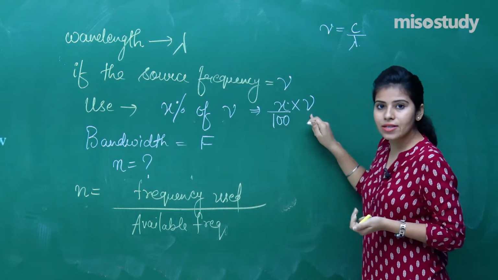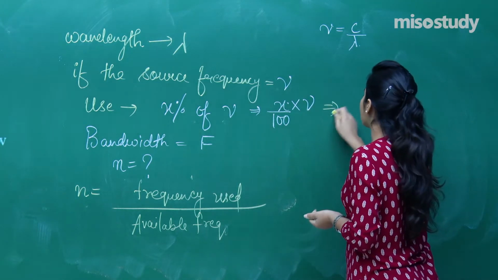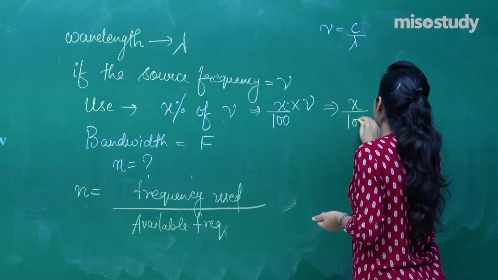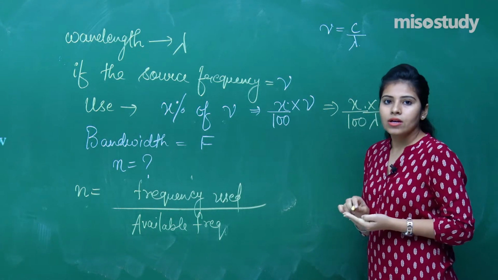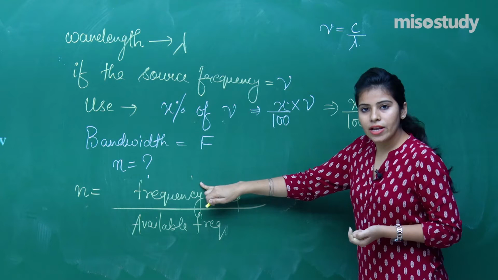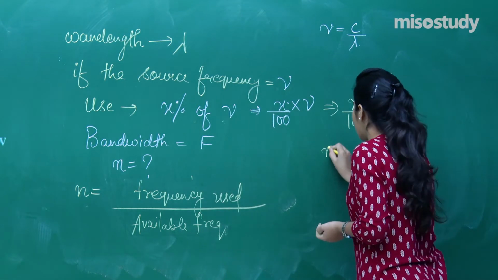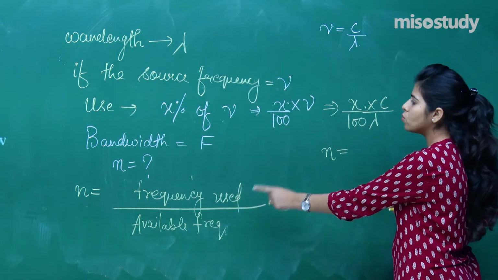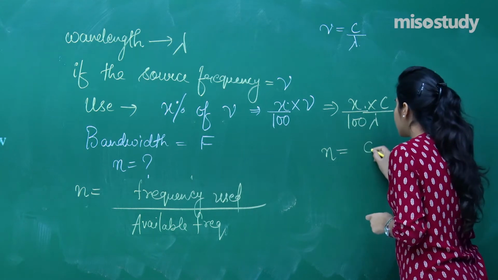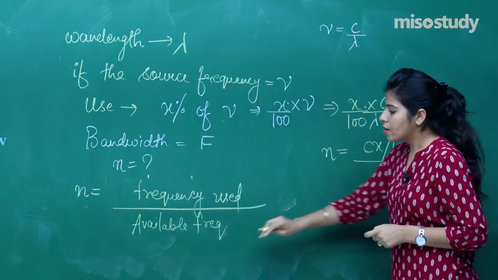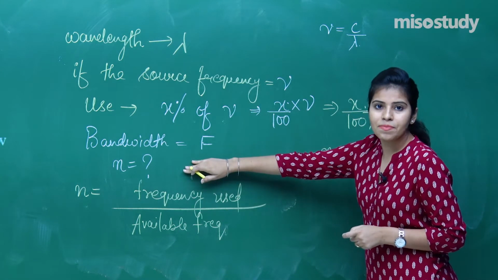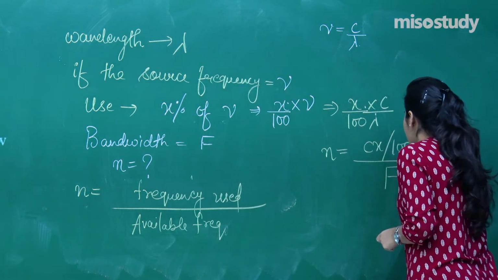So we will be putting this over here. So this will be X upon 100 into c upon lambda. So we will be putting this value to find the number of channels. Now n will be equal to frequency used. Frequency used is cX upon 100 lambda divided by available frequency, that is the bandwidth, that is capital F.